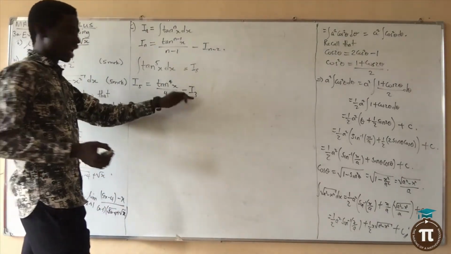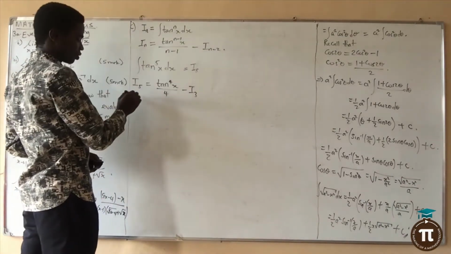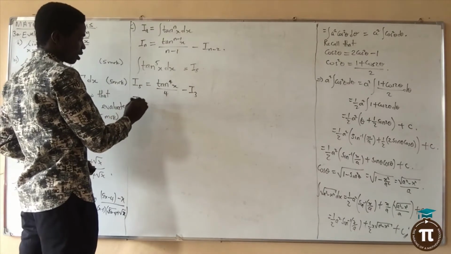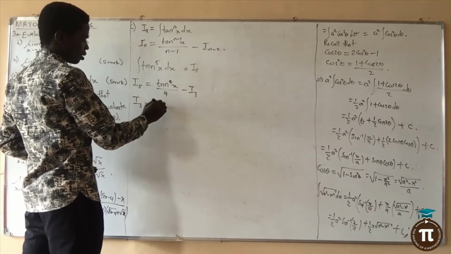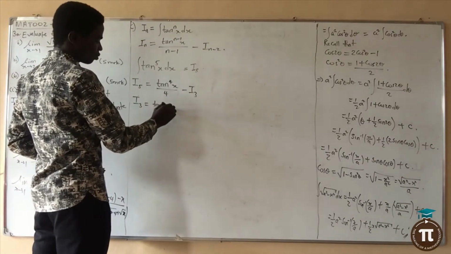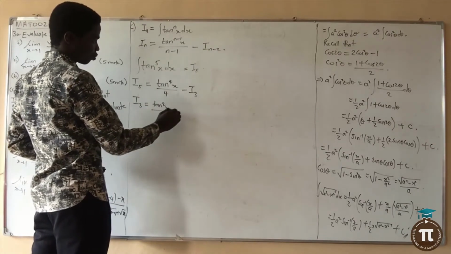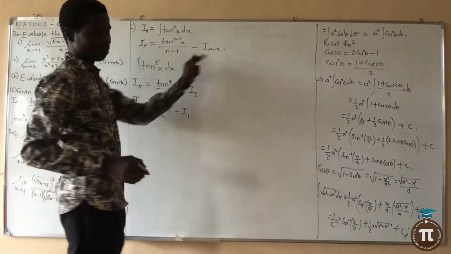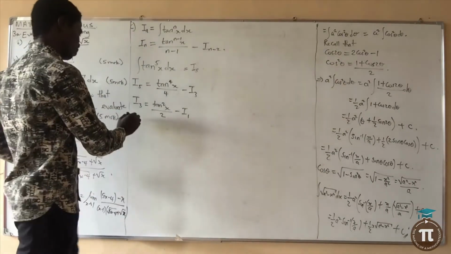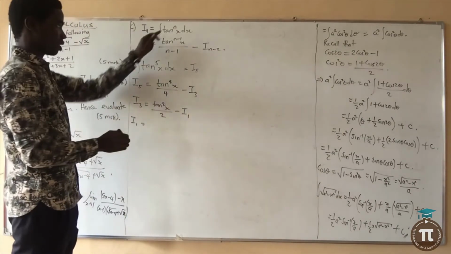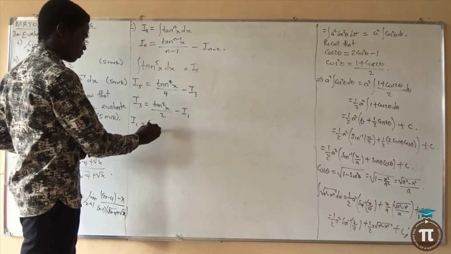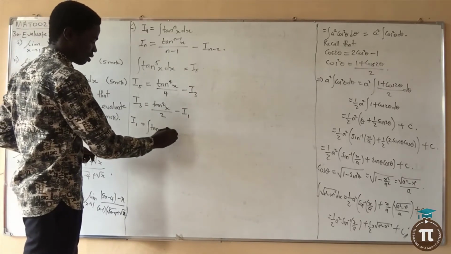You will look for what I3 is as well. Using the same reduction formula, I3 will be equal to tan 3 minus 1 will give me tan squared x divided by 2 minus I1. 3 minus 2 is 1. What is I1? I1 is simply integral of tan raised to the power 1 x, which is integral of tan x.